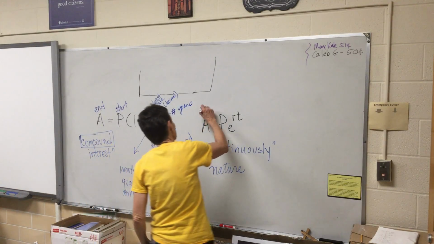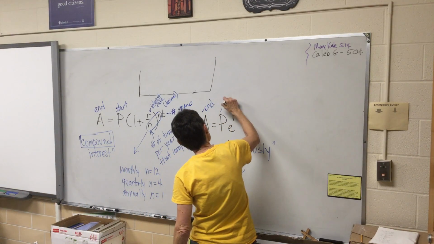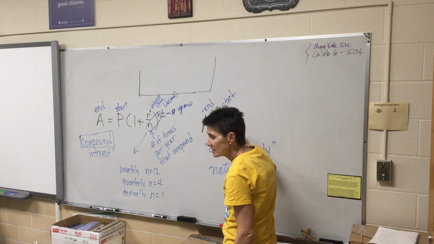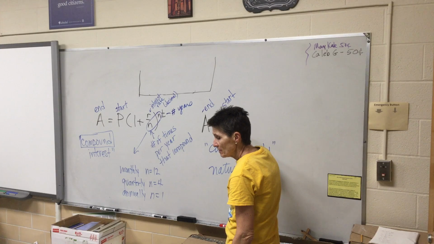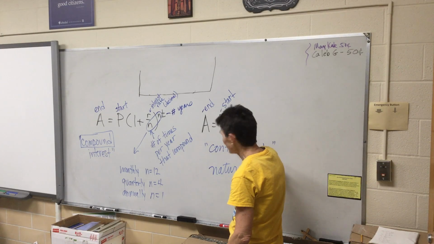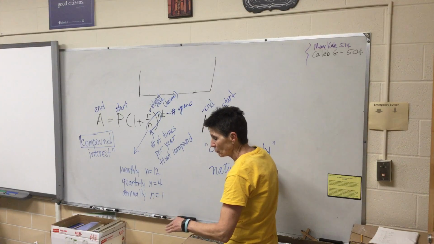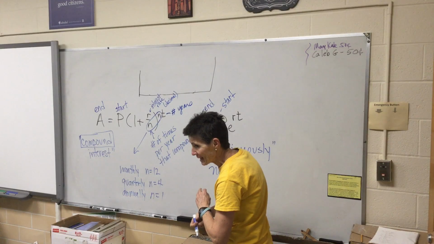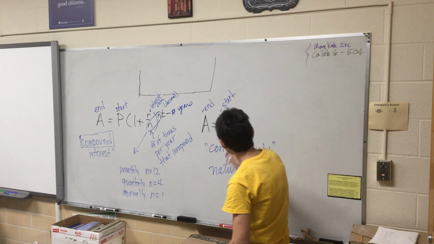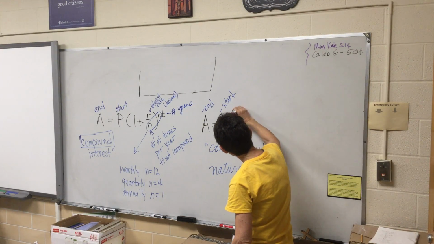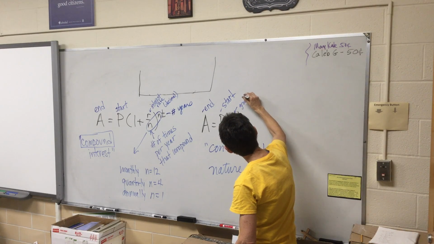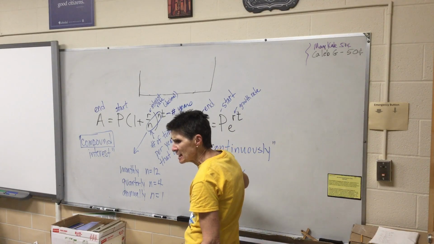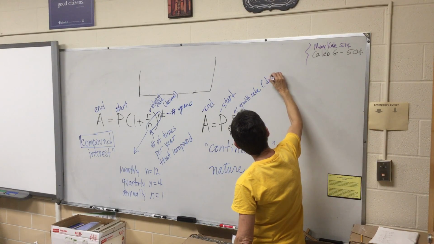A stands for the same thing. P stands for the same thing. This is E, the base of the natural logarithms. That's Euler's constant. It's not a variable. You don't plug anything in for it. It is just E. And if you don't already know how to get it on your calculator, I'll show you when we get to that example. R is the growth rate. So it's the same thing as an interest rate, and it goes in as a decimal.